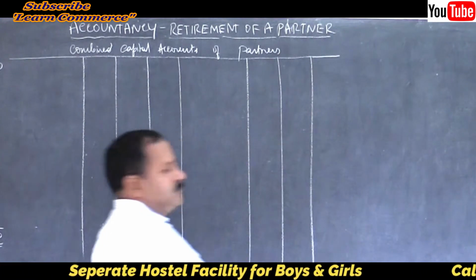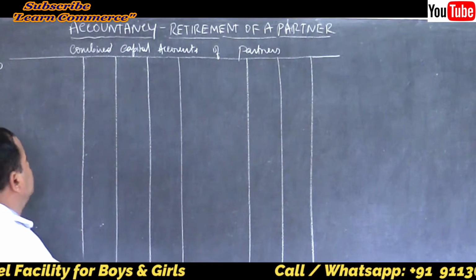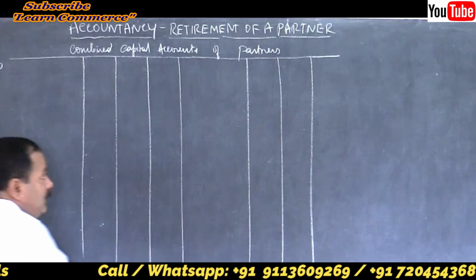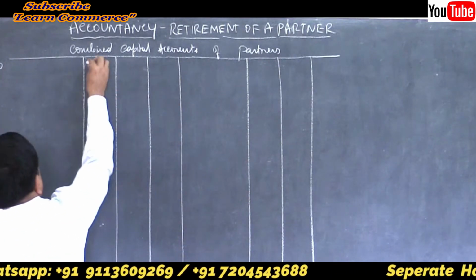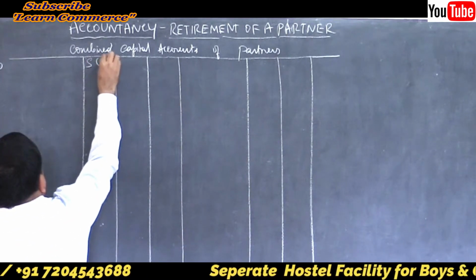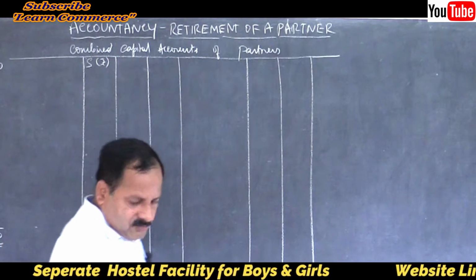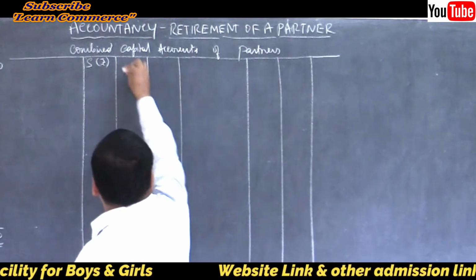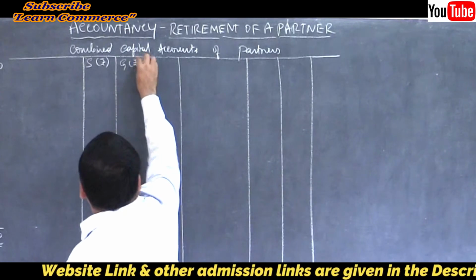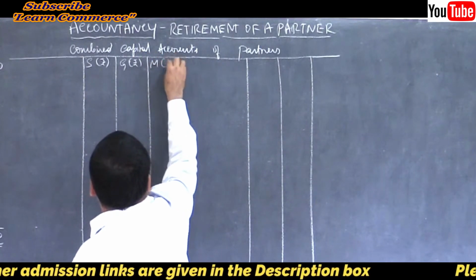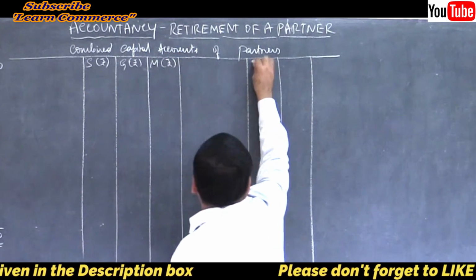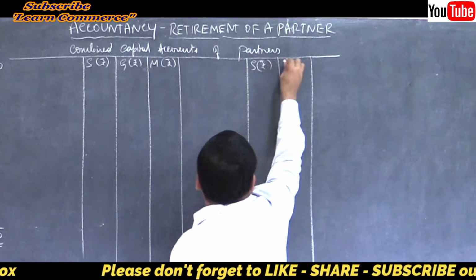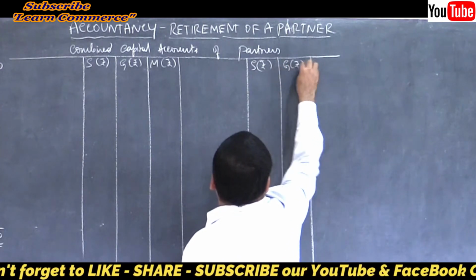Done. Write the names. Debit, credit is a must. Particulars: write the names in full, Shrikant, Girish and Manju.